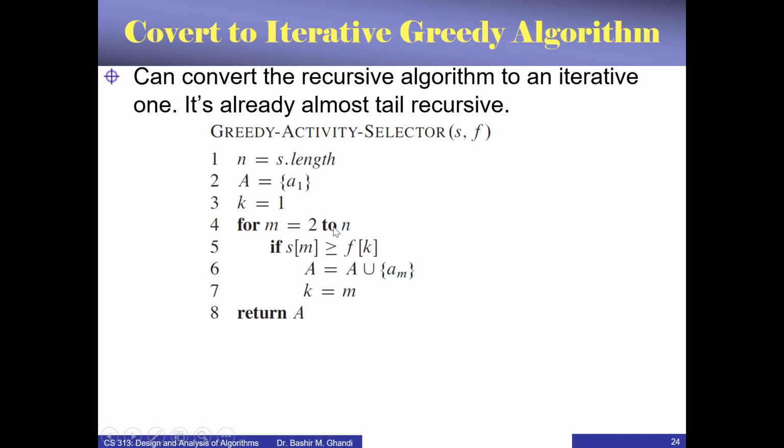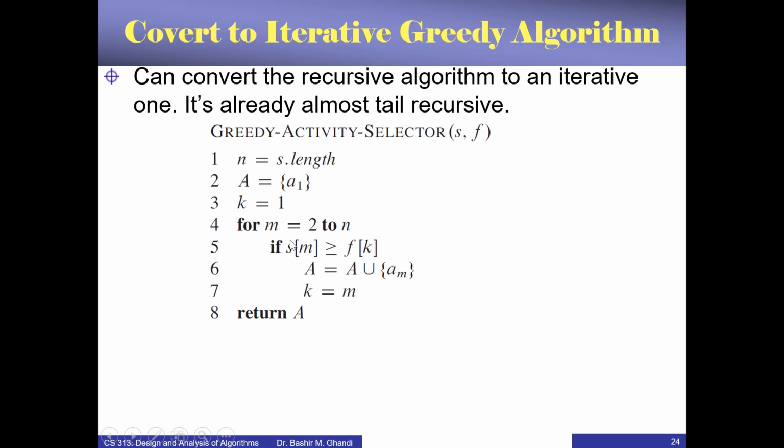So from 2 until N, we check, is the starting time of activity M greater than the finishing time of our activity number K? Initially K is equal to 1. If yes, then we are going to add AM, the activity corresponding to M, to our solution, and then update our K to M, and then repeat the loop with the next M.